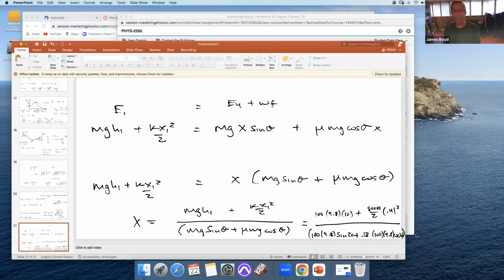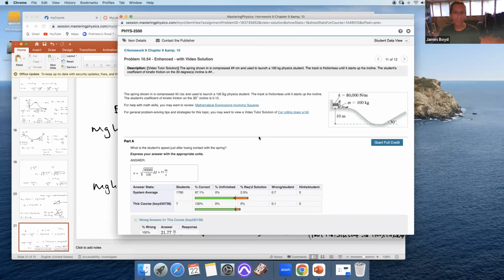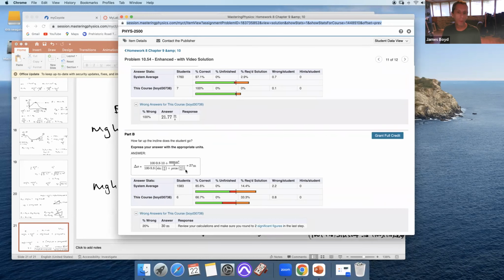So I get 100 times 9.8 times 10 plus 40,000 times 0.4 times 0.4 divided by 100 times 9.8 times sine of 30 plus 0.13 times 100 times 9.8 times cos of 30. I get 26.98 or 27 meters.